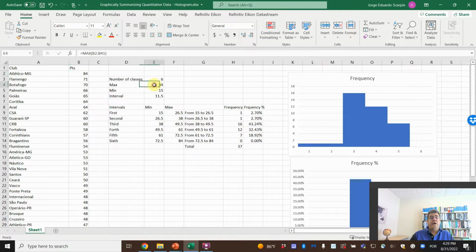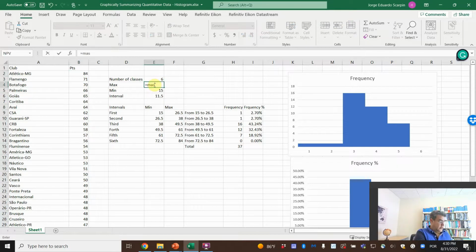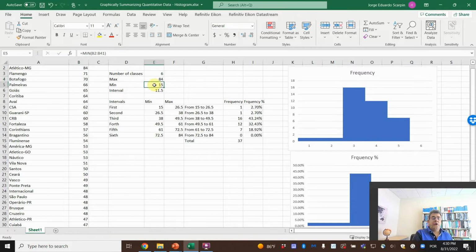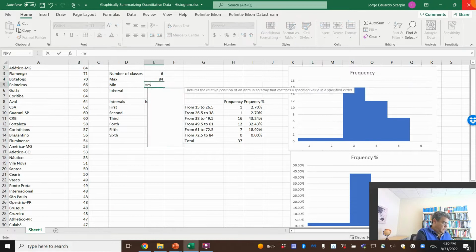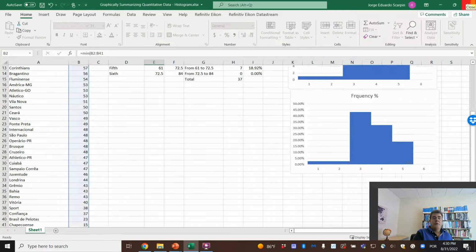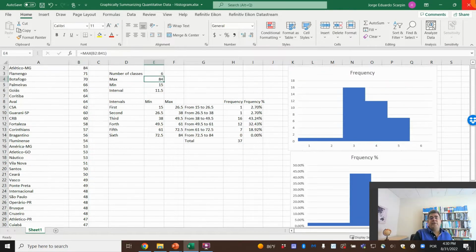But if they are not, we only need to use the max formula. So max, select here 84, minimum, min, and then we have the 15.